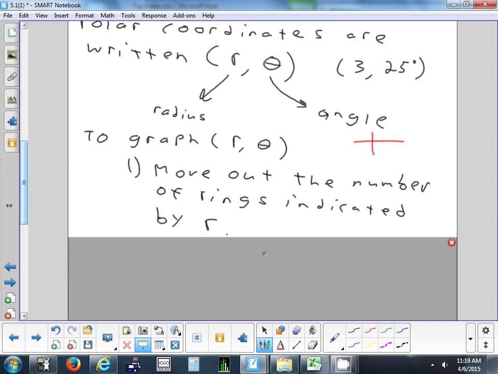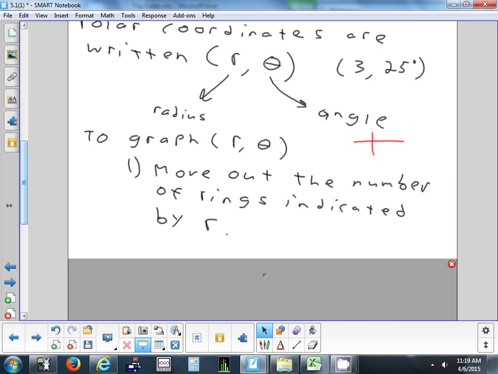Okay, so the first thing you do is from the pole, move out the number of rings indicated by R. Now there's 2 different directions you can move. Just like on the X, when you had X and Y axis, you could either move left or you could move right. Well, whether you move left or right, it just depends on if R is positive or negative.